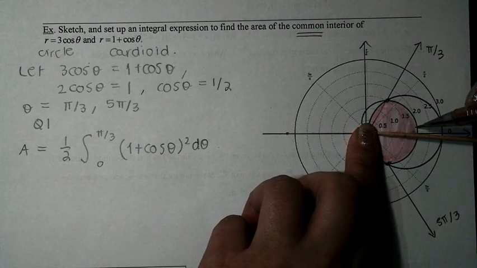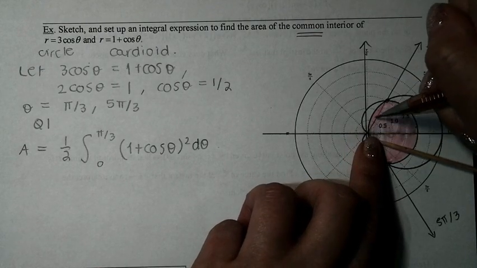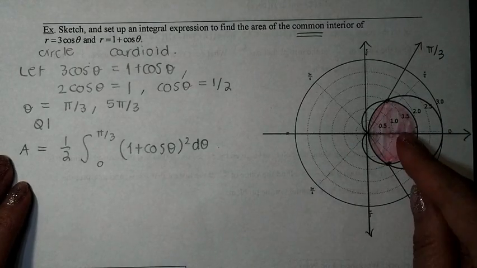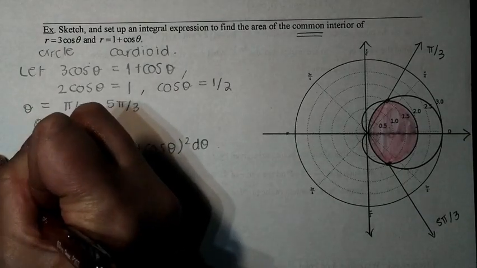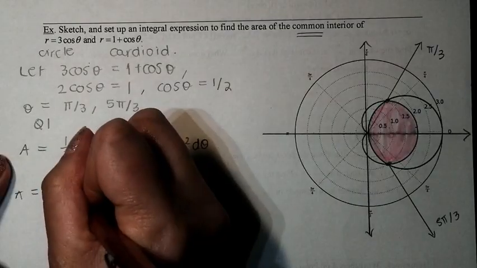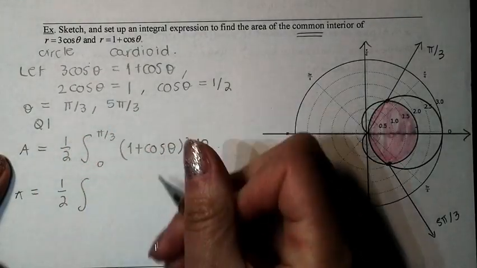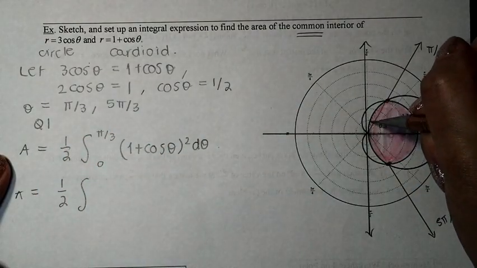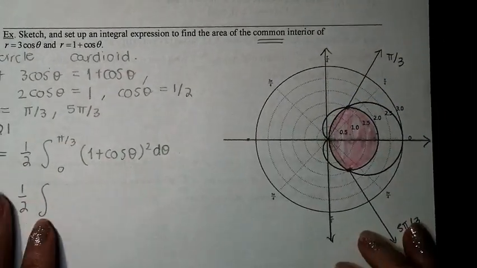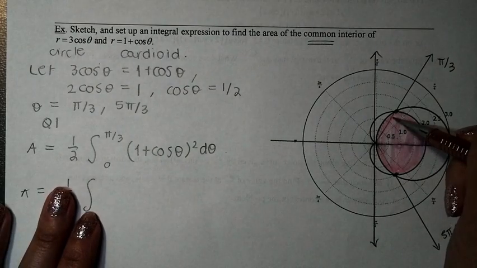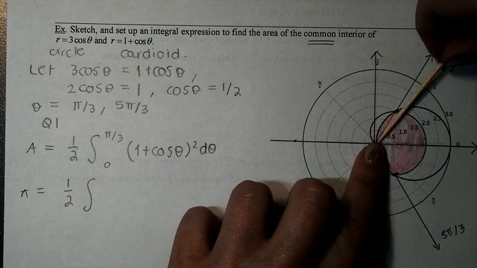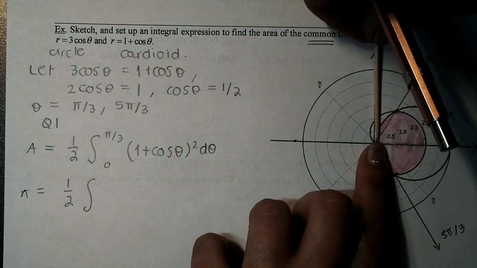So this one, I'm finding all this area, but I'm missing this little piece here. Do you agree with that? So that's incomplete. I also need to find that piece that is here. How can I find it? I know that it's 1/2 integral of something. What happens when we are moving from pi over 3 to the rest, to here, which is pi over 2?